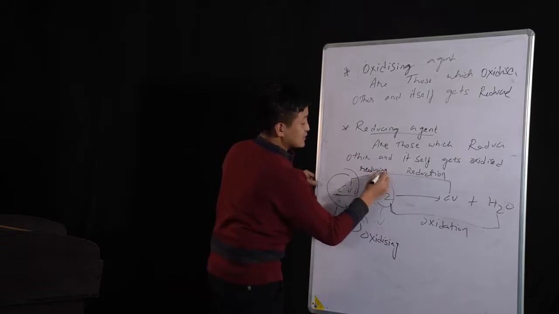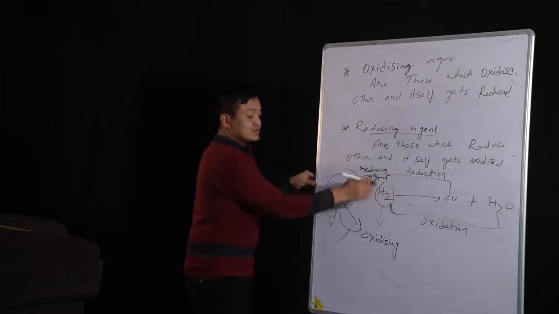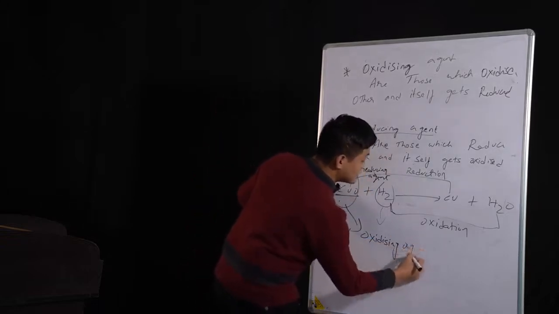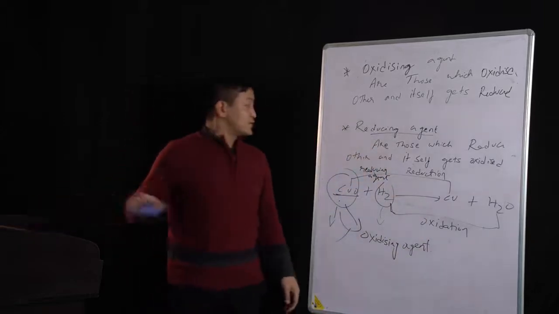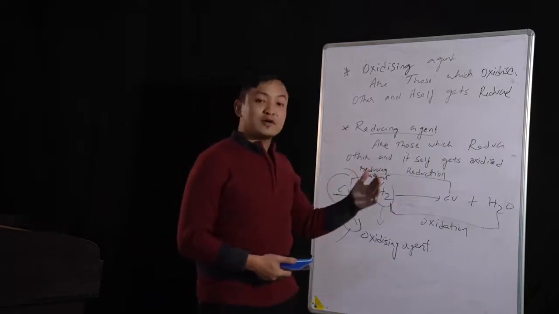I have written here, this hydrogen is a reducing agent, and cupric oxide here is an oxidizing agent. Please note down, and if you are clear with this topic, we'll go to our next topic.